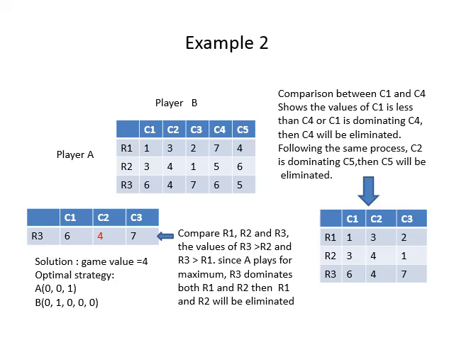So C4 is dominated by C1, or C1 is dominating C4. Therefore, C4 will be eliminated.